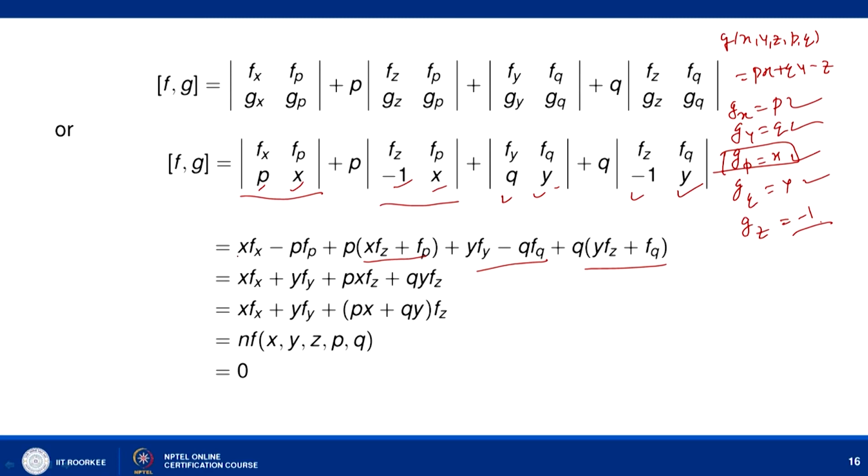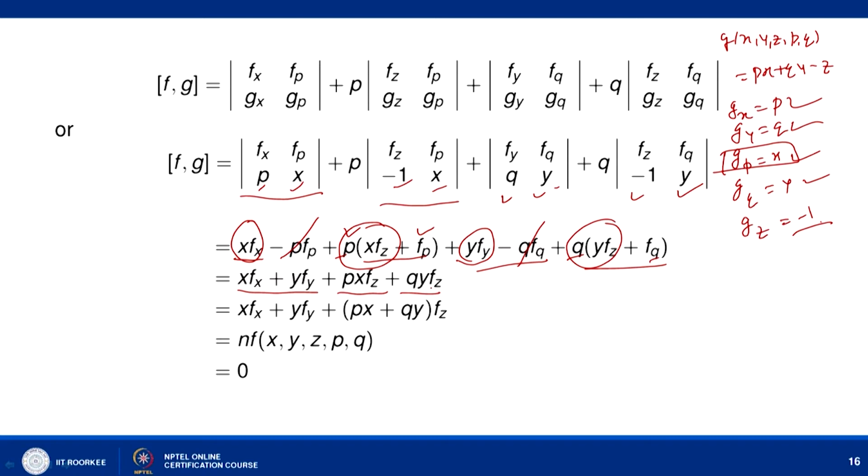Now we can say x fx plus y fy plus px fz. Here you can see that this p fp will be cancelled out, and similarly q fq will be cancelled out by this. So what we will have is px fz plus qy fz. So this term is left and this term is left: x fx plus y fy plus px fz plus qy fz.